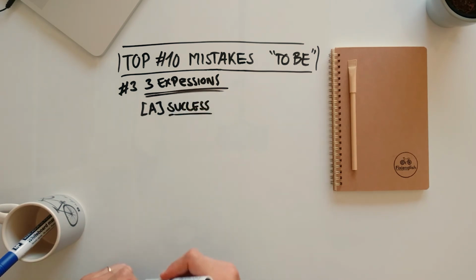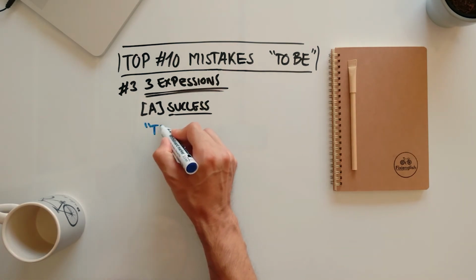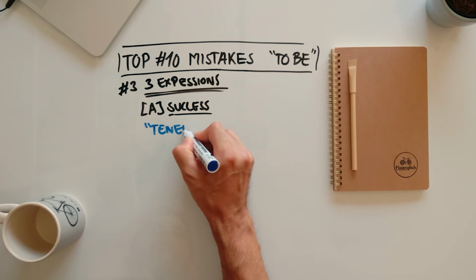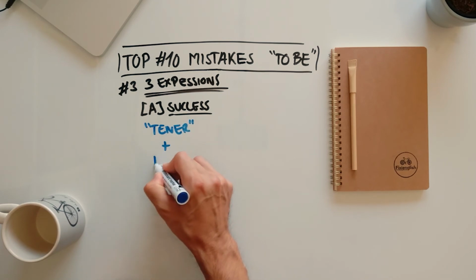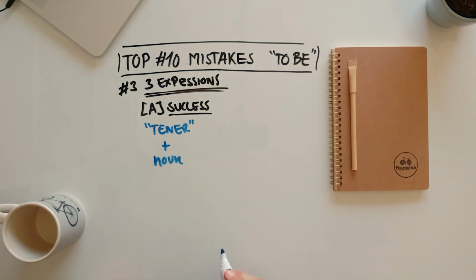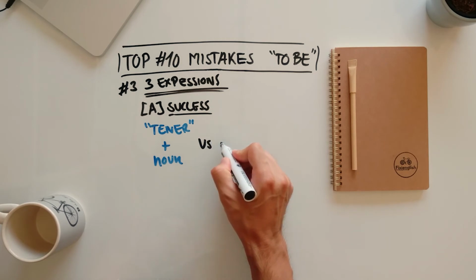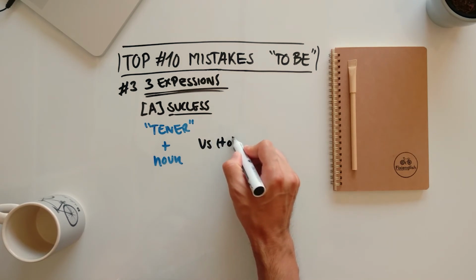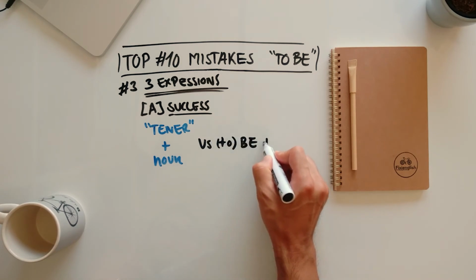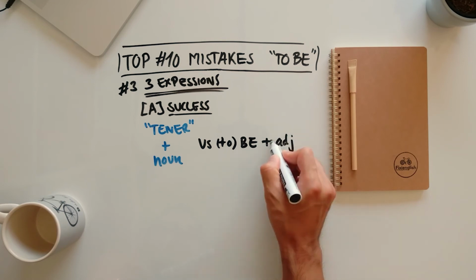Now, the same thing as we've seen before, in Spanish we would use the verb tener followed by the noun, in this case success, and this is an idiomatic expression. But in English we would be using the verb to be followed by an adjective.